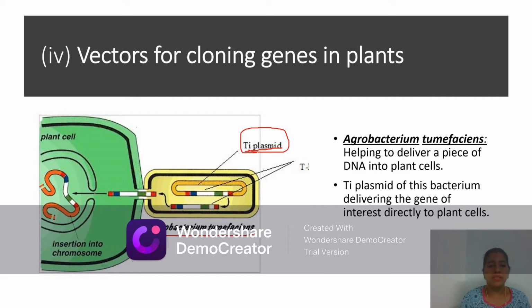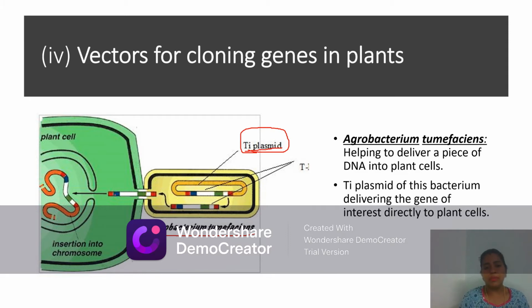They deliver the piece of DNA you have inserted into a plant cell, because a plant cell has a cell wall. That's a specialty of the plant cell. Other than any other organism's cell, a plant cell is protected by a membrane as well as a cell wall. So Agrobacterium tumefaciens, the soil bacterium containing the Ti plasmid, helps us deliver the foreign DNA into the plant cell.